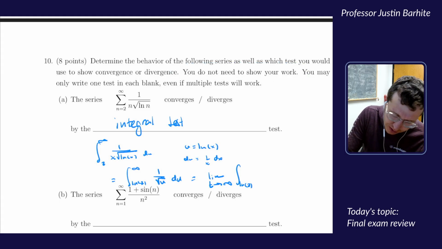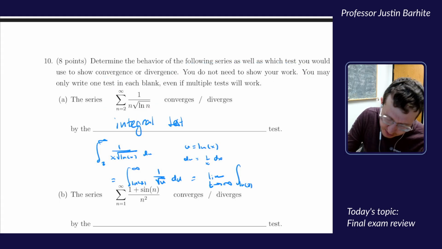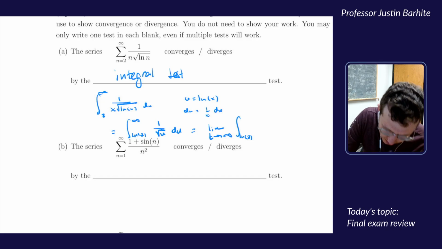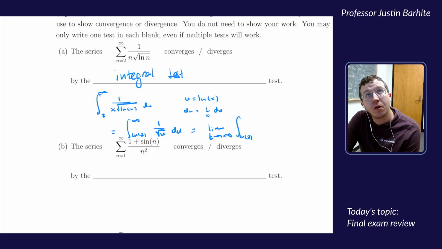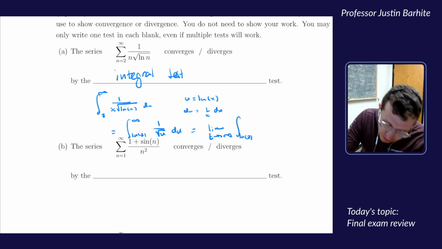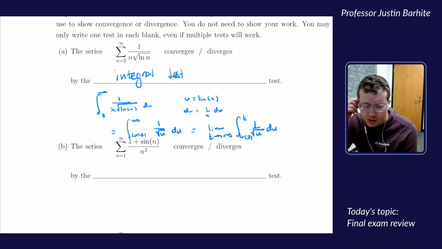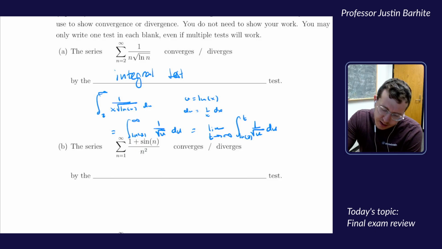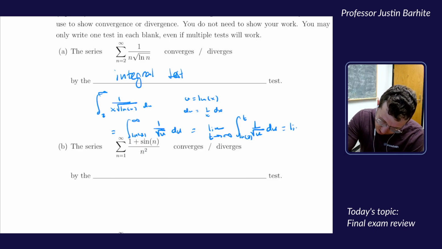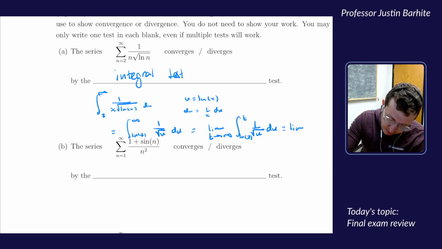So if you can just look at this and tell whether this is going to converge or diverge, then you wouldn't even need to show all this work. We could rewrite this using an antiderivative.